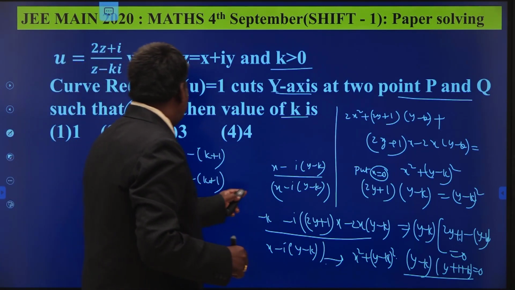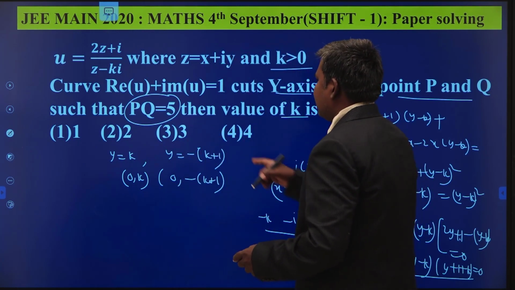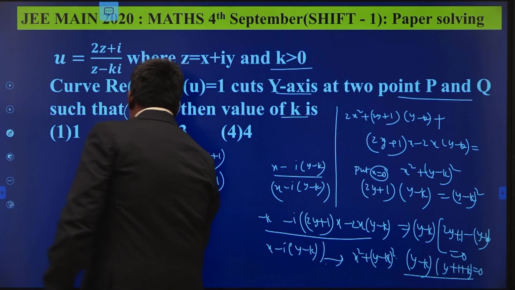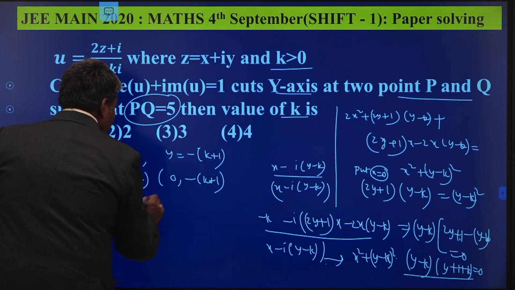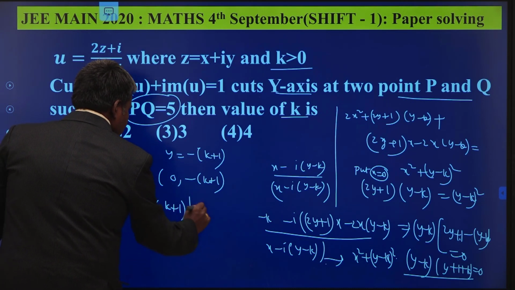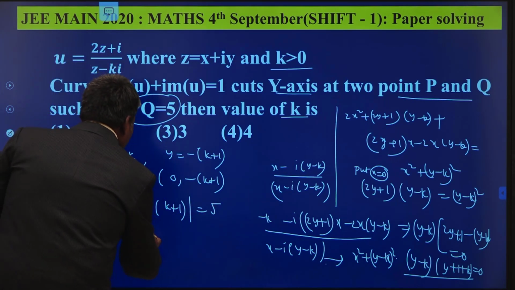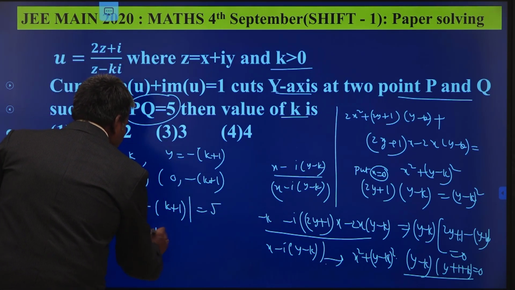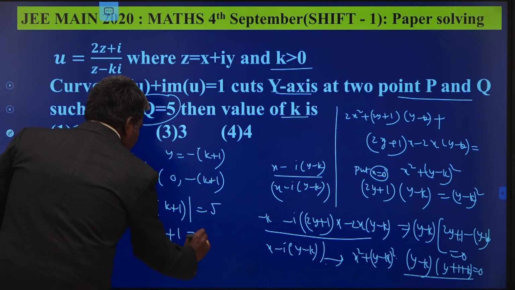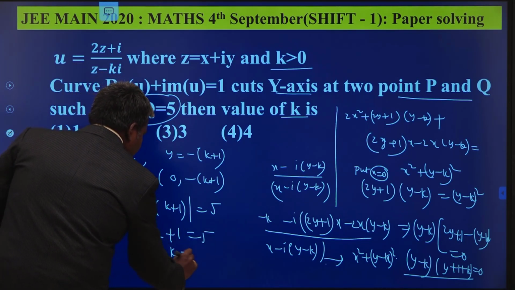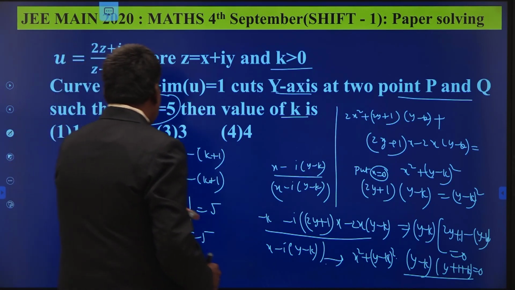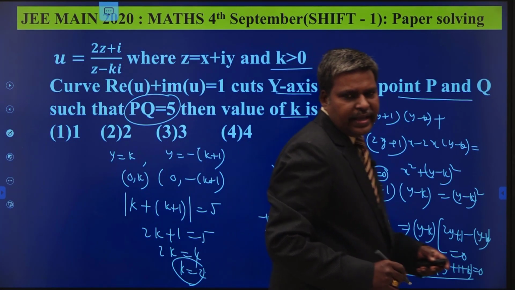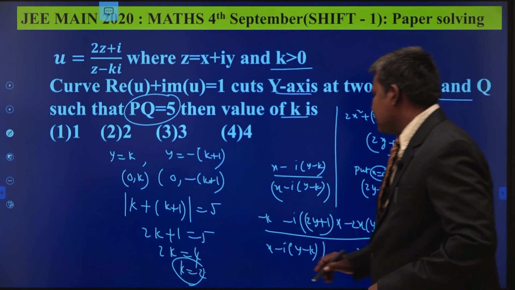So the distance between them is 5 units, that is the modulus of k - (-(k + 1)) = 5. So for k positive, we take 2k + 1 = 5, 2k = 4. The value of k is 2. k is positive, |x| = x. Therefore, k = 2.